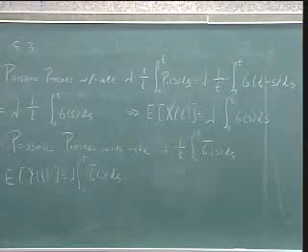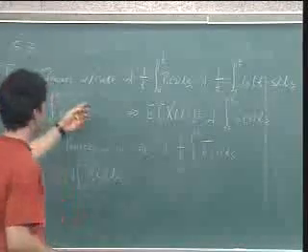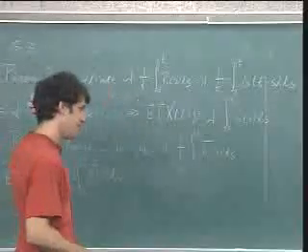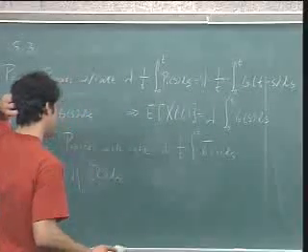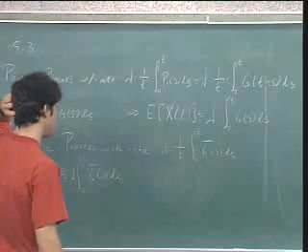Because it seems kind of weird to me to say that you have a Poisson process with a rate that depends on time t, on what time it is, on what the time horizon is.